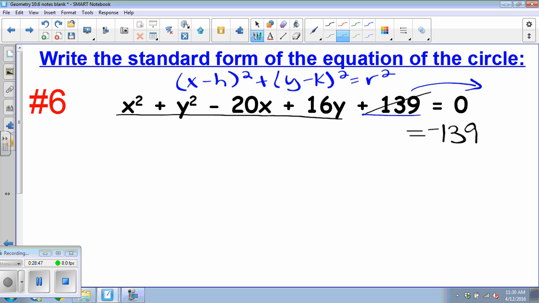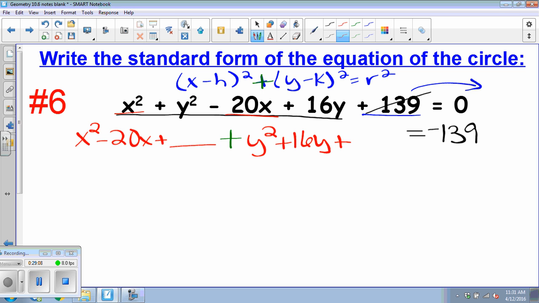So, we have x squared minus 20x plus blank, equal blank. Not equals, not yet. So, I just put these together, okay? Plus y squared plus 16y plus blank. Now, if I added blank and blank to the left, I have to do what?